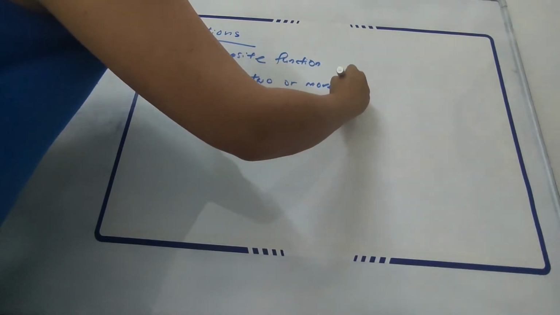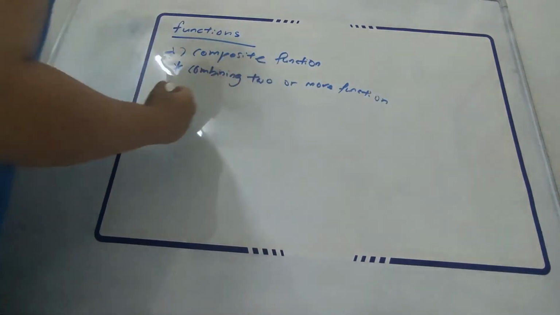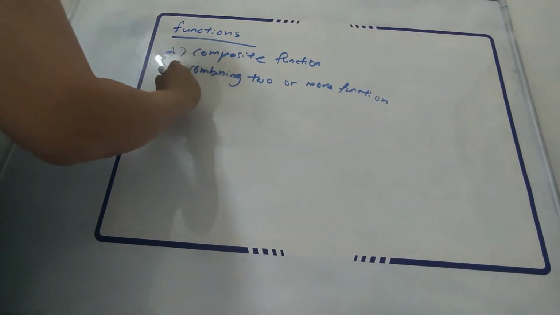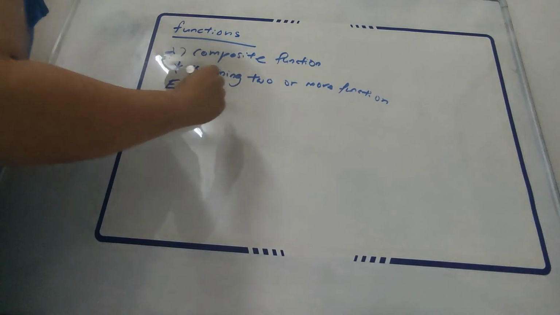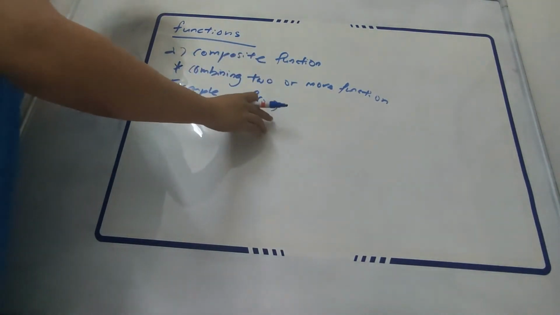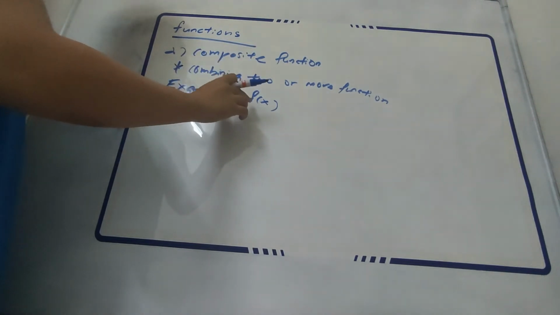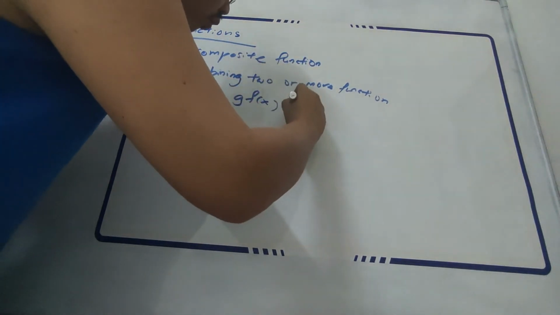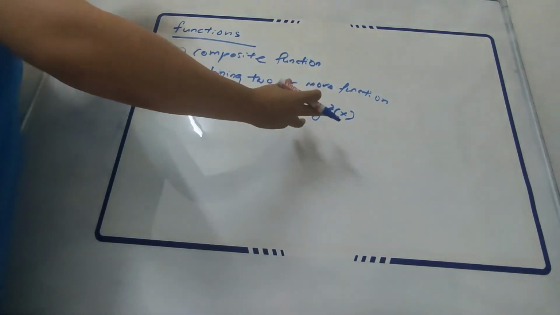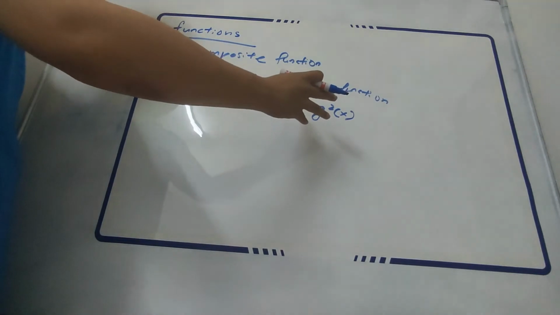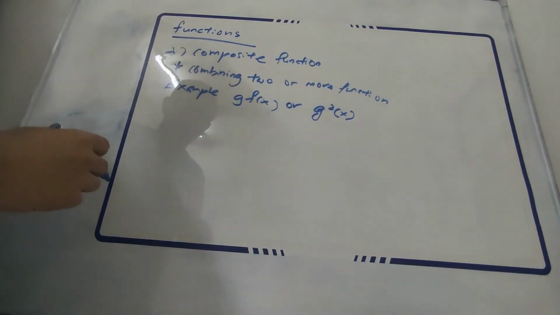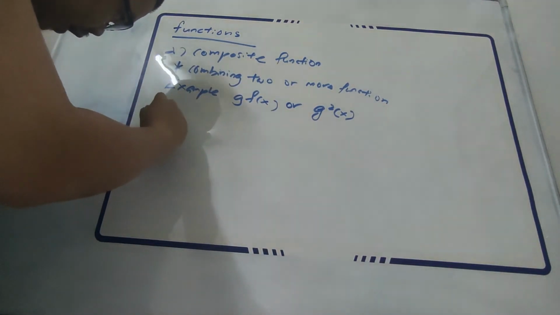For example, you will see g f x. That means a composite function consists of functions f and g, or that means times itself. The composite function consists of 2 functions of g.